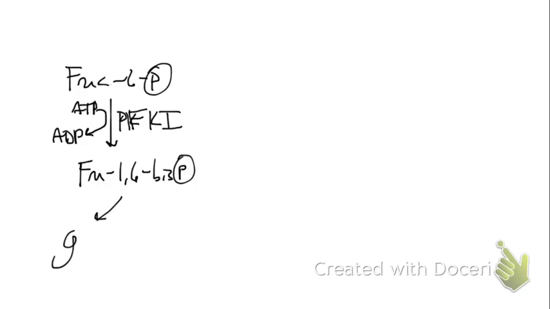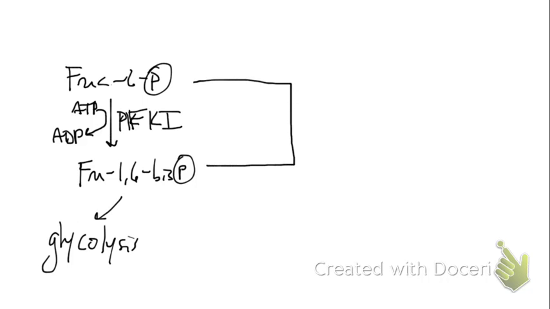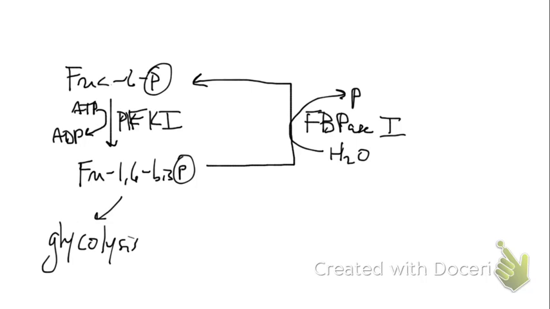And then we go down to glycolysis. Then, what fructose 1,6-bisphosphate can do in the liver is there's an enzyme, fructose bisphosphatase 1, which, again, with H2O, can remove a phosphate group, allowing us to make fructose 6-phosphate again.